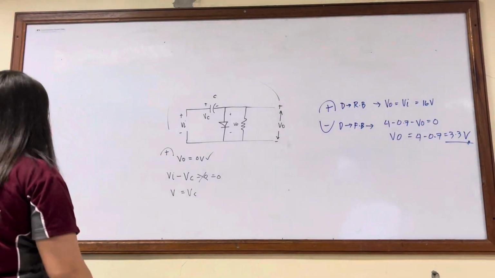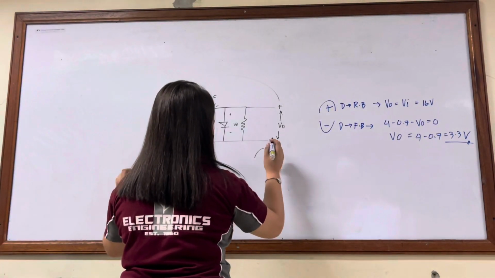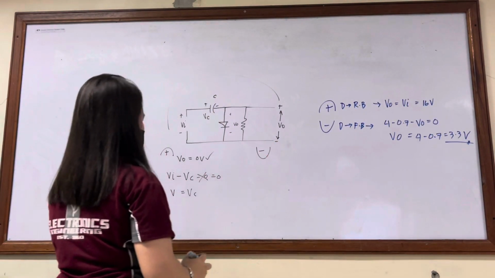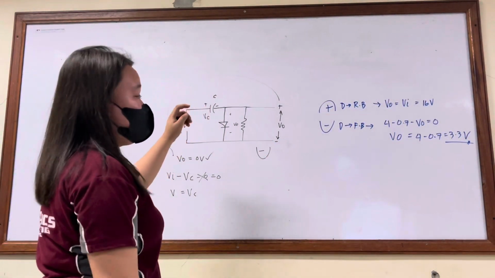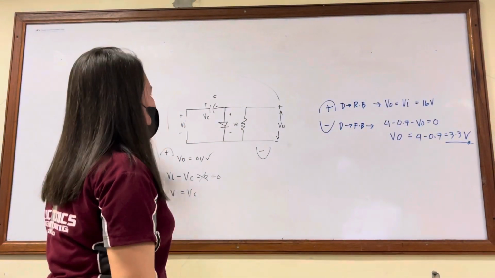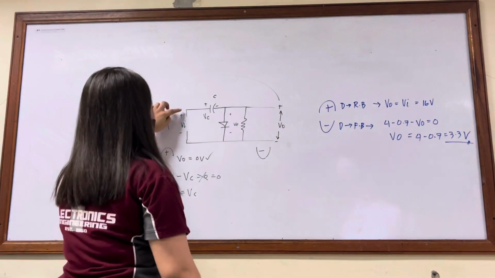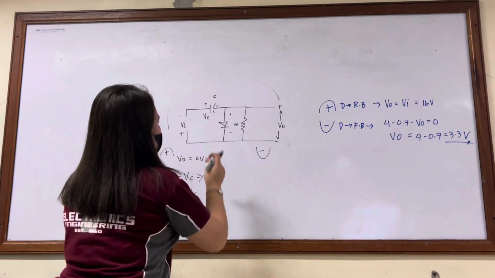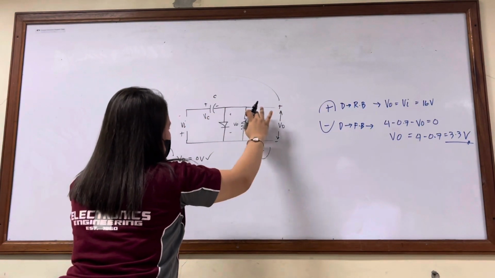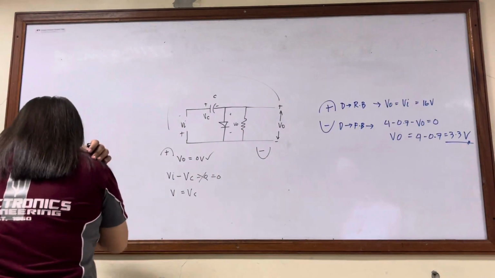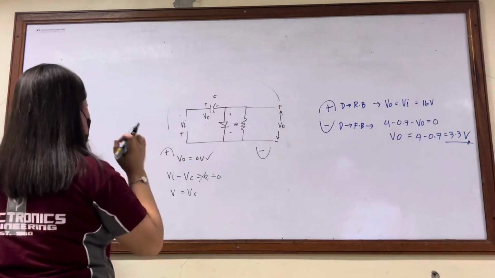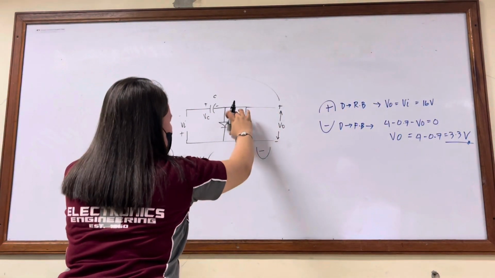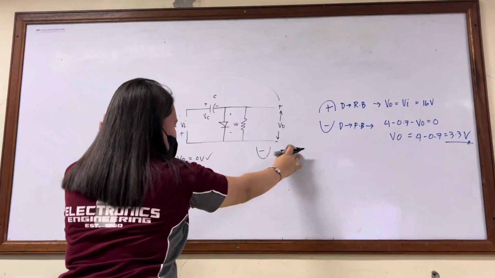Now, during negative half cycle, this is negative, positive. Okay. Reverse bias. So the diode does not conduct. Now we have another output here.